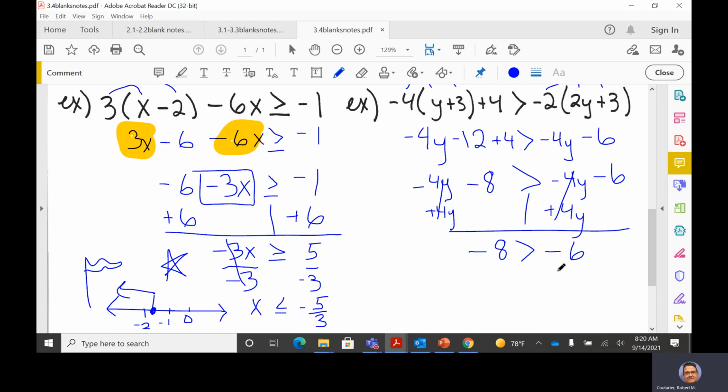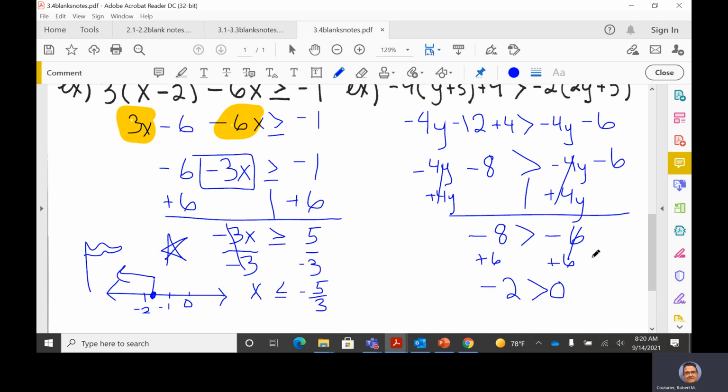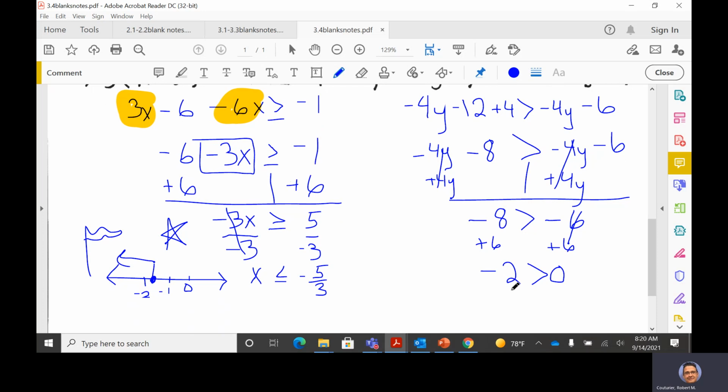Maybe you don't see it yet. Okay, let's add 6 to both sides. All right, these cancel. Now we can't do anything else. Is negative 2 greater than 0? No, it's not. This is a false statement, so we know we have no solutions.